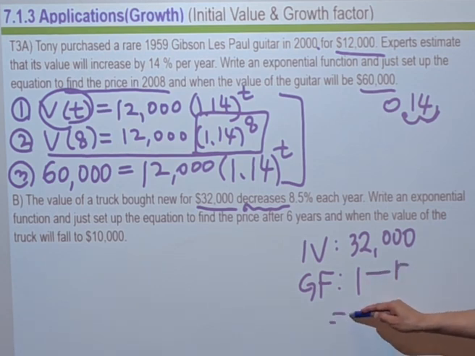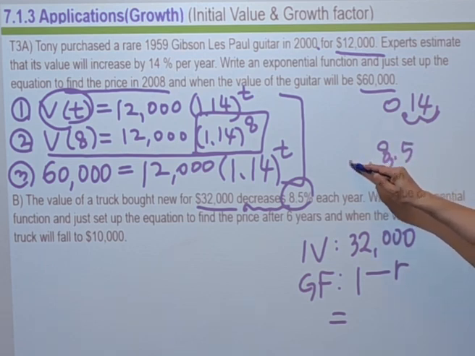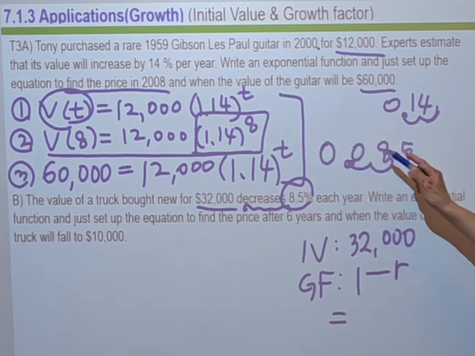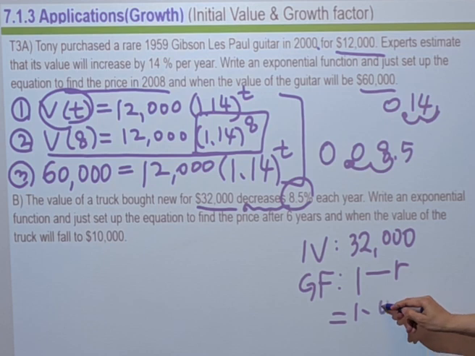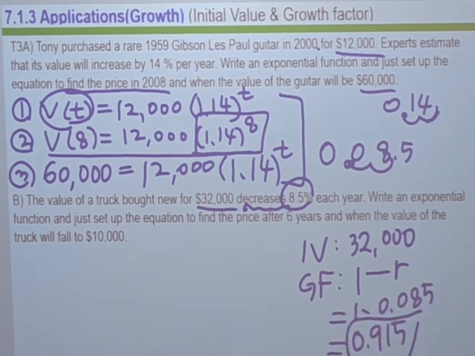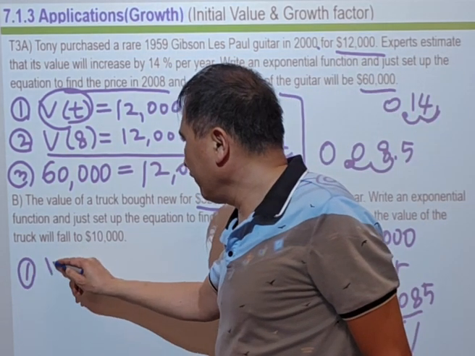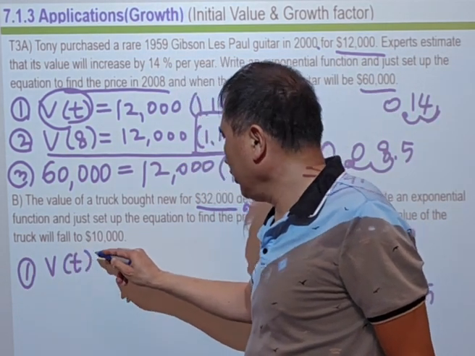Here r is 8.5%, which as a decimal is 0.085. So 1 minus 0.085 becomes 0.915. That's the growth factor.